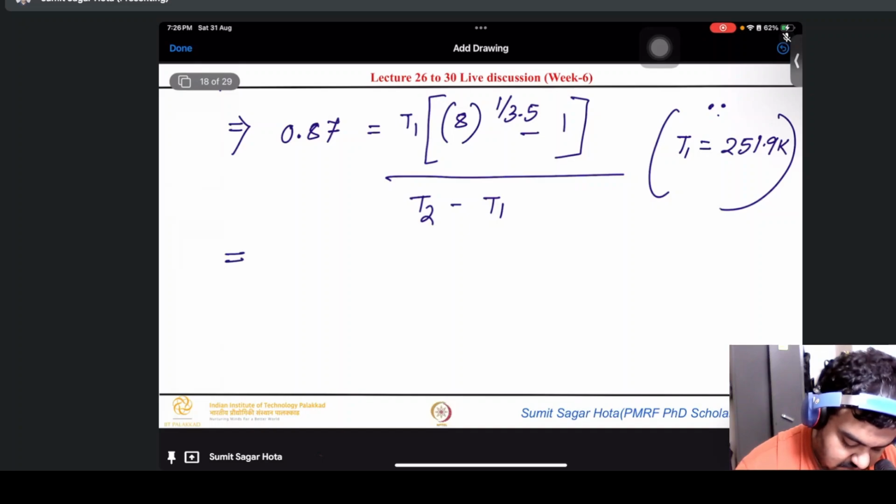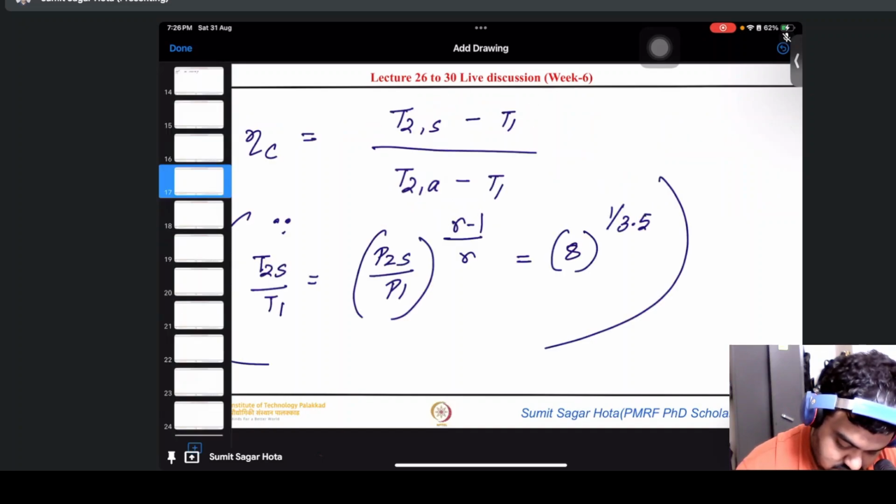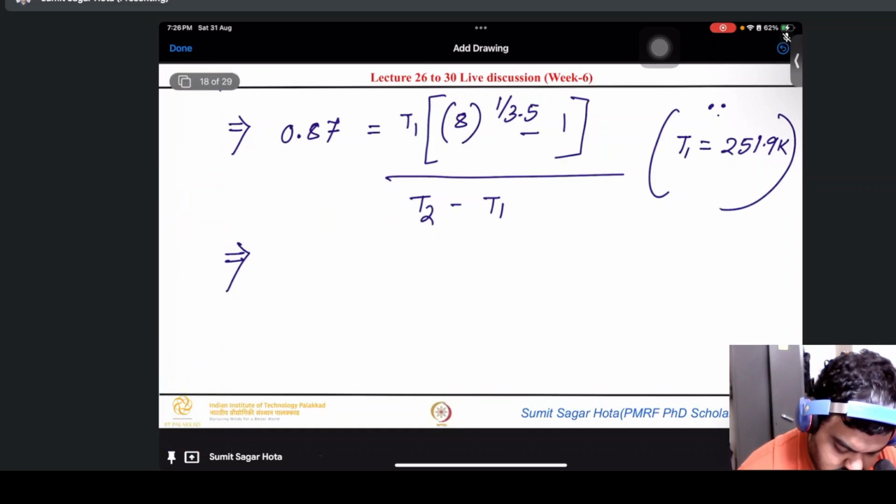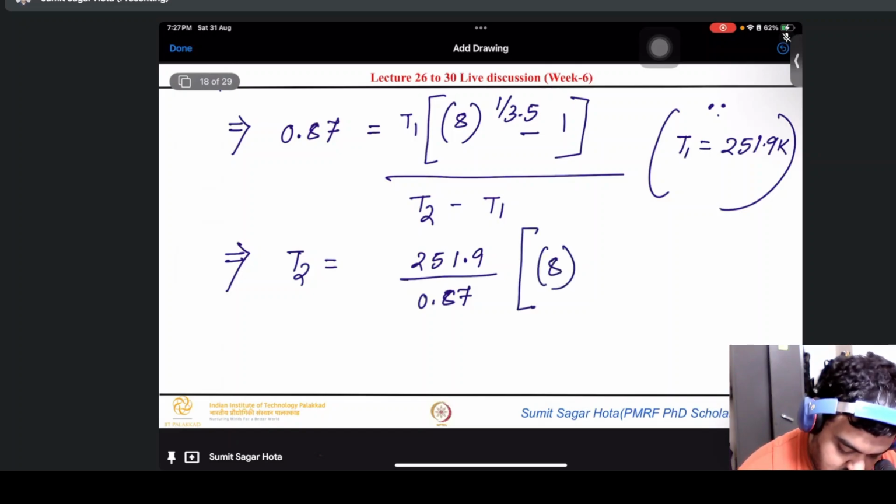And find out T2. T2 actual, only write down T2. Just rearrange. T2 equal to 251.9 divided by 0.87 into 8 to the power 1 by 3.5 minus 1.